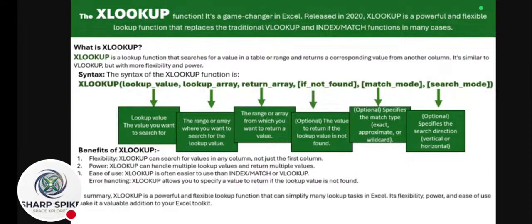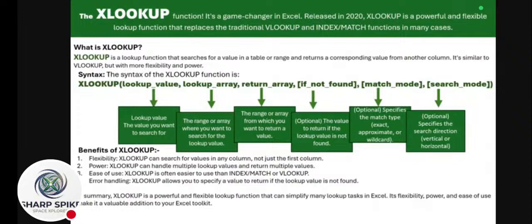Error handling. XLOOKUP allows you to specify a value to return if the lookup value is not found. In summary, XLOOKUP is a powerful and flexible lookup function that can simplify many lookup tasks in Excel. Its flexibility, power, and ease of use make it a valuable addition to your Excel toolkit.